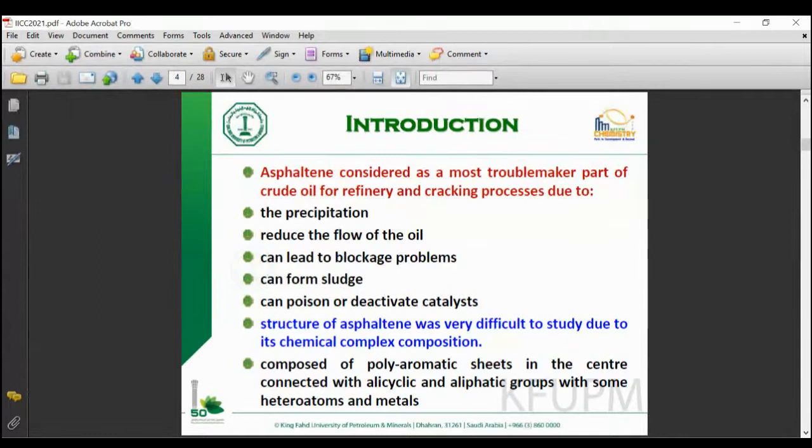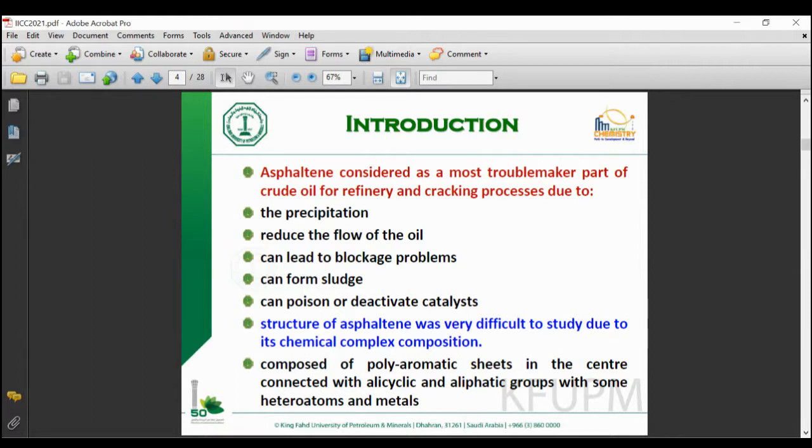Based on that, people have simulated and come out with a possible structure for the asphaltene. These structures differ based on the origin of the crude oil. The composition and structure of the asphaltene of Saudi Arabian oil will be different from the asphaltene from other parts of the world.